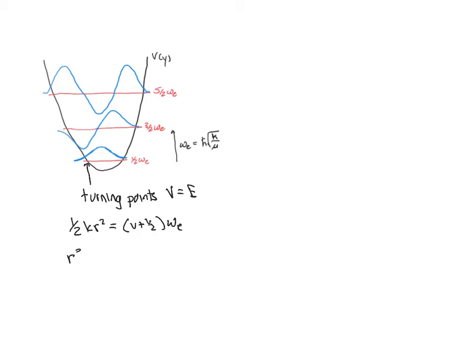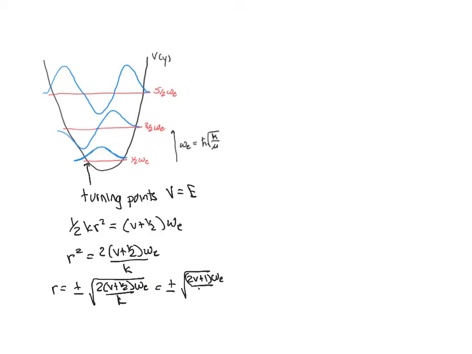So R squared is (v + 1/2) omega sub e times 2 over k, or R, the turning points, are plus or minus the square root of 2(v + 1/2) omega sub e over k, or we could write that as plus or minus the square root of (2v + 1) omega sub e over k.